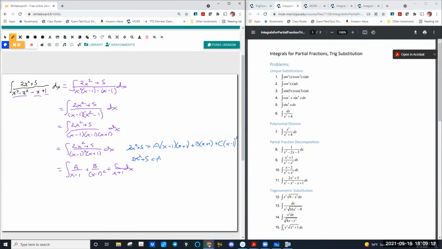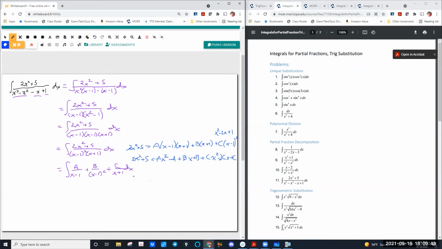So that's Ax squared minus A plus Bx plus B. And this has to be FOILed. This is x squared minus 2x plus 1. And then we distribute the C. So plus Cx squared minus 2Cx plus C.